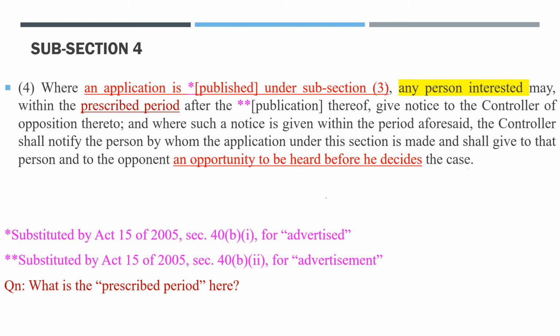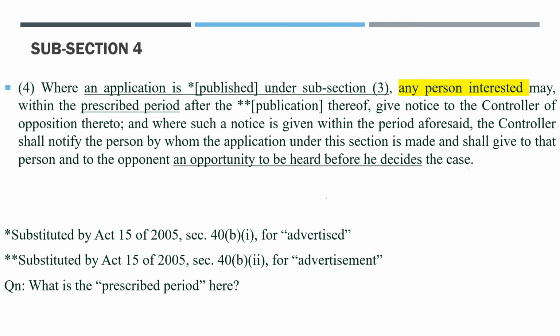The single star indicates substituted by Act 15 of 2005, Section 40, Clause B, Subclause 1 for advertised, and double star indicates substituted by Act 15 of 2005, Section 40, Clause B, Subclause 2 for advertisement. For details please refer the Barrett.